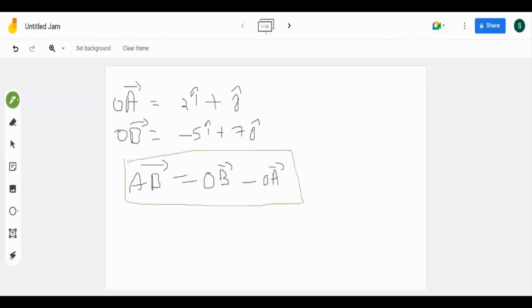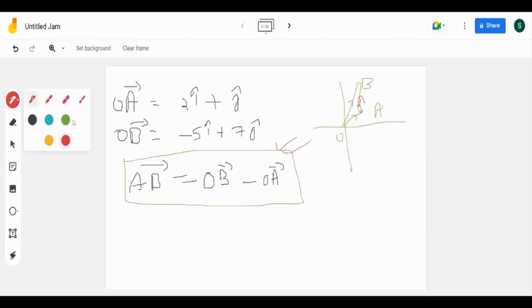Graphically also: this is A, this is B, this is OA, this is OB. So vector AB is OB minus OA. Okay, so this is very important.